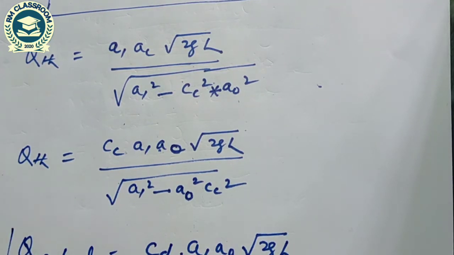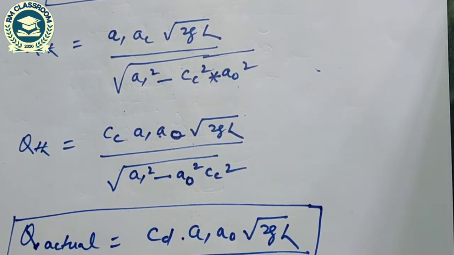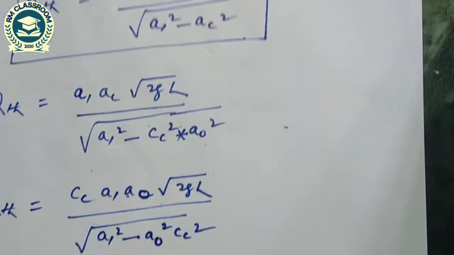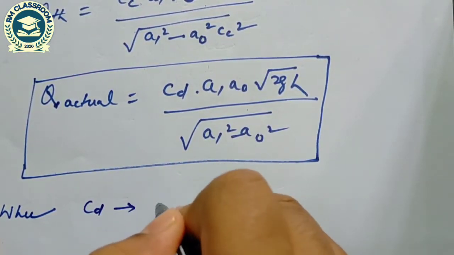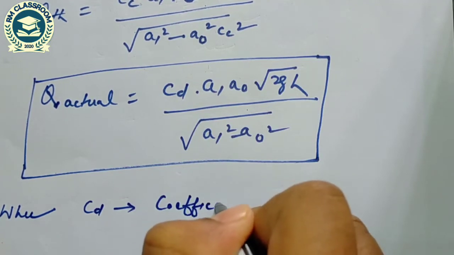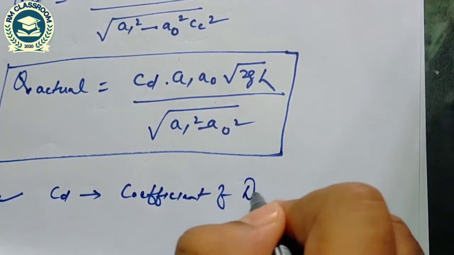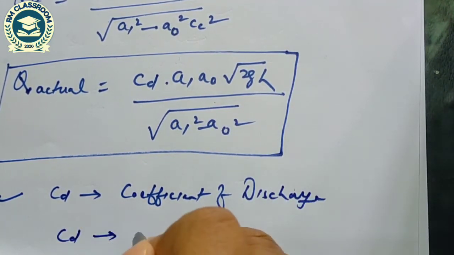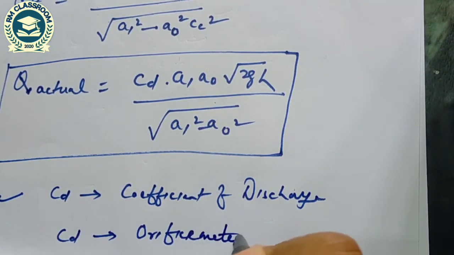This is the actual discharge in the orifice meter, where CD is the coefficient of discharge, and CD for orifice meter is taken as 0.6.